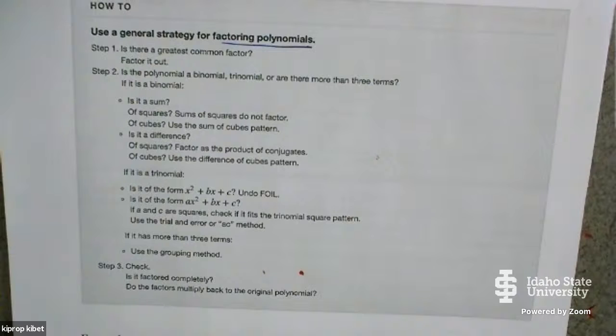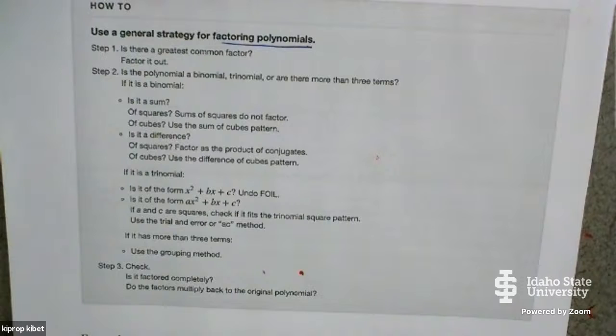Use the trial and error, or use the AC method. I usually use the AC method. If you want to use trial and error, it's up to you, but basically the easiest one is the AC method.